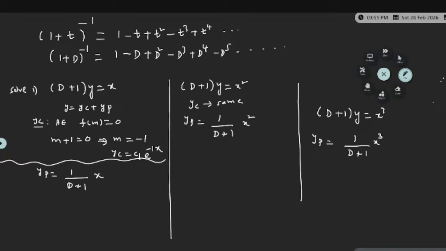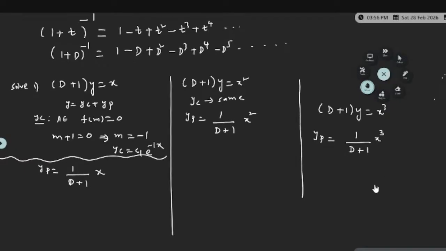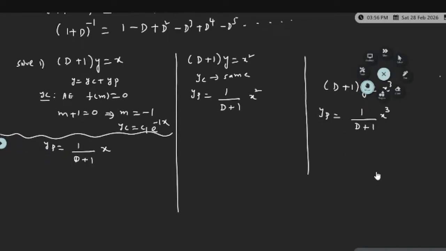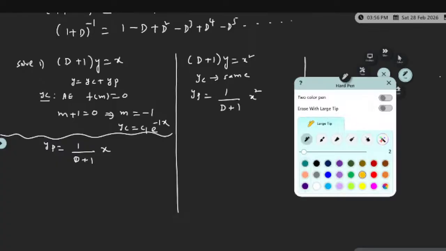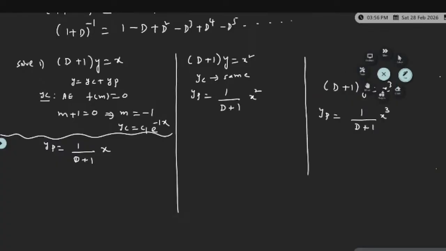Okay. Now here the denominator must be in the form, in the third type, it must start with 1.